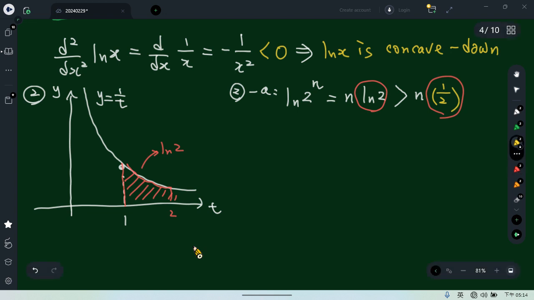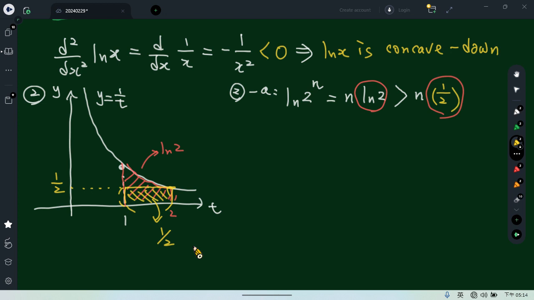Because at this point, when I use 2 as the input for y equal to 1 over t, the result will be 1/2, right? So you can see 1 times 1/2. This part is 1/2.